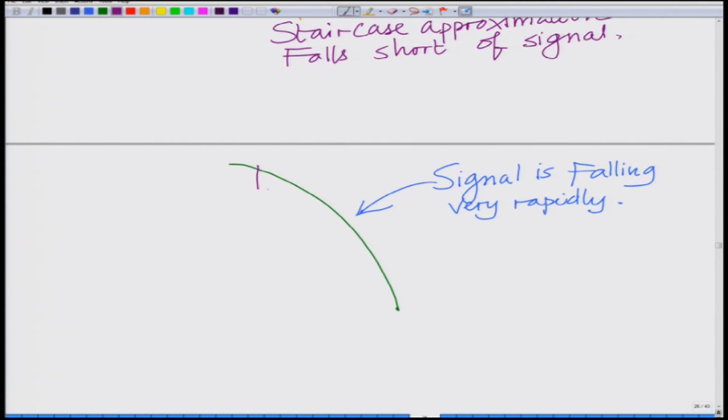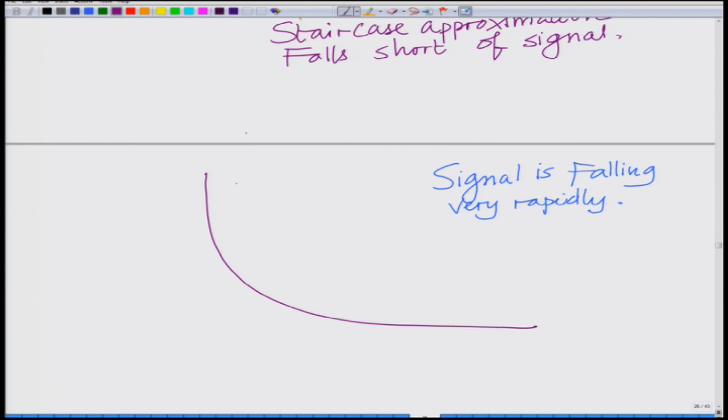Once again, because of the small step size, the delta approximation is not able to catch up with the signal.